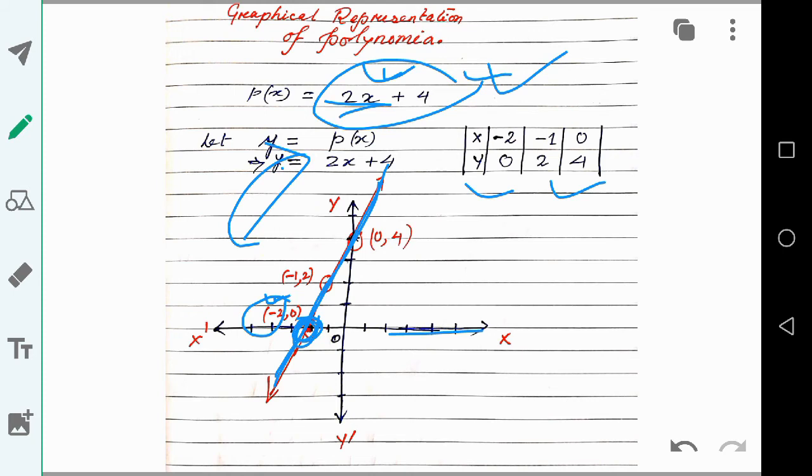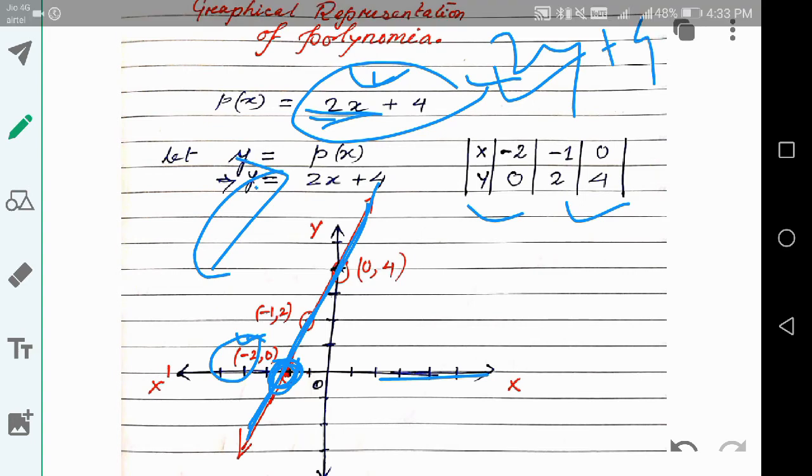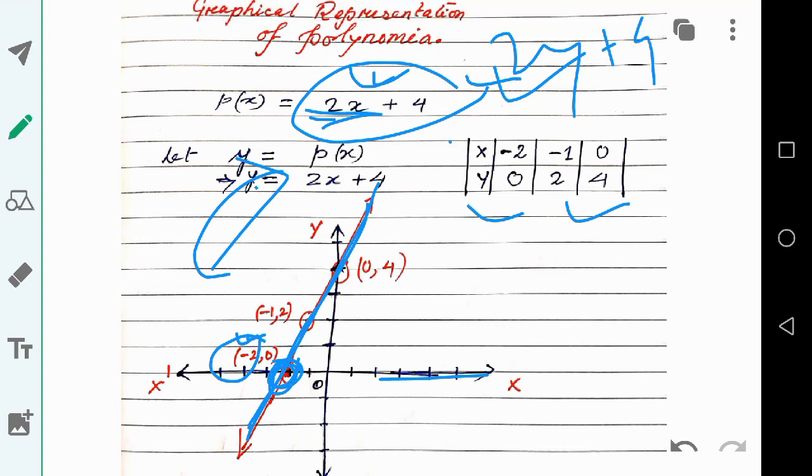If it is a polynomial in y, that means its variable is y, suppose 2y is equal to 4, something like that, then we have to check the point at which it is intersecting the y-axis, and its y coordinate will be the 0 of this polynomial. Now let us take a quadratic polynomial.